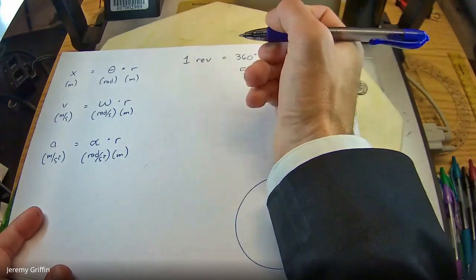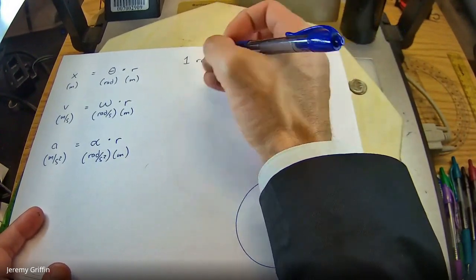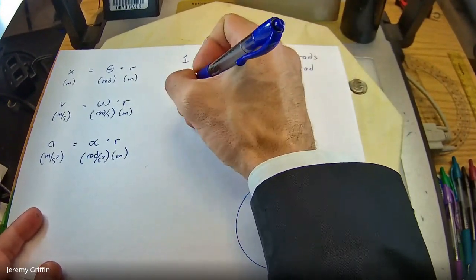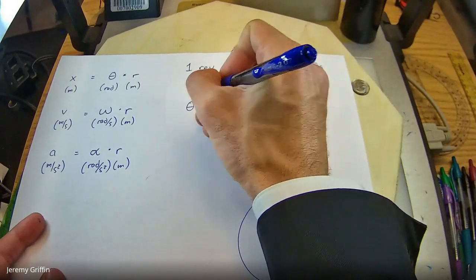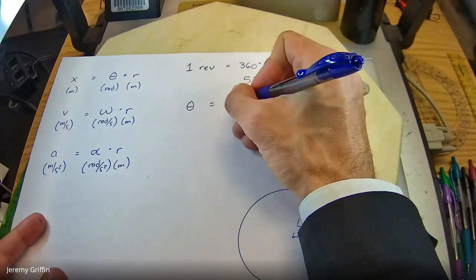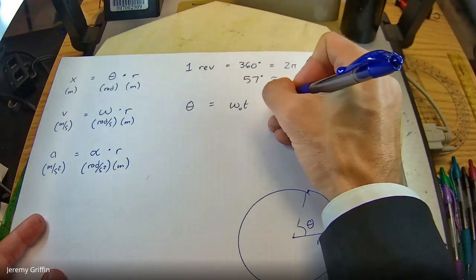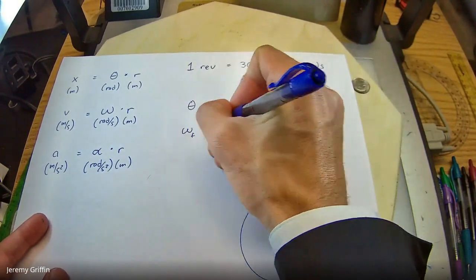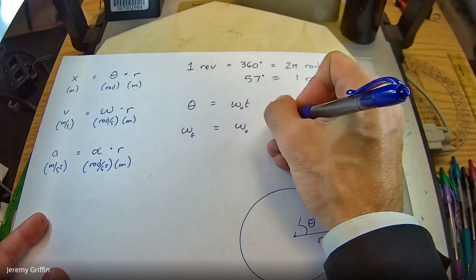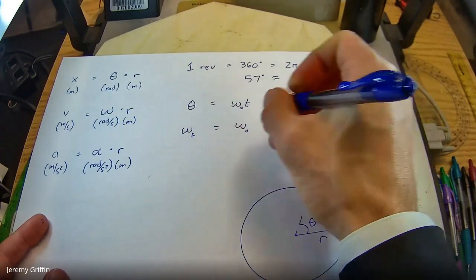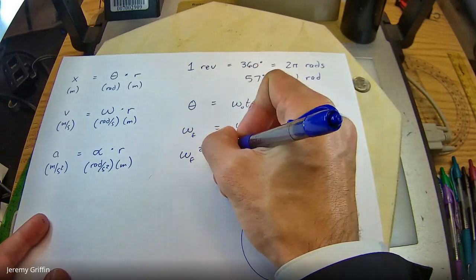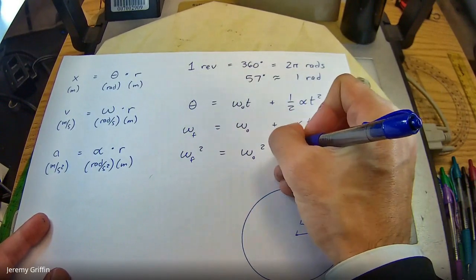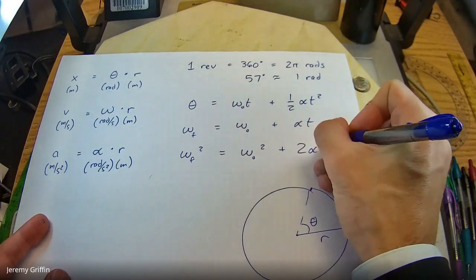Well, there are 3 kinematic formulas, but just pop in the rotational equivalents for the variables. So instead of x, it's theta. Theta equals omega naught t plus half alpha t squared. Omega final is equal to omega initial plus alpha t. And omega final squared is equal to omega initial squared plus 2 alpha theta.